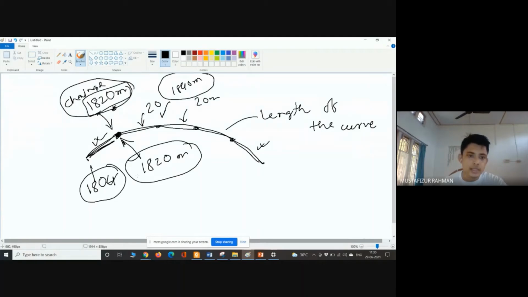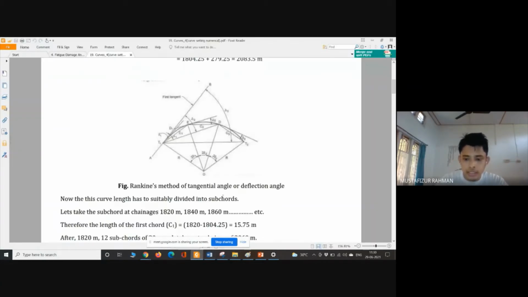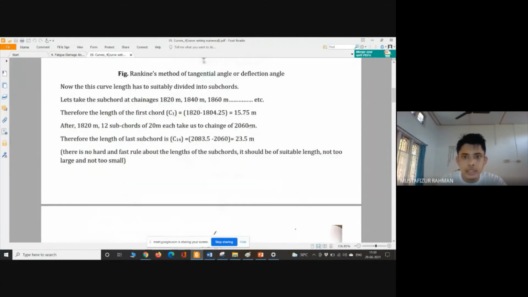This minus this, something like 16 meter. The next ones we take 20 meter each, and the last one will be different, whatever is remaining. So the first one is 1820 meter minus 1804.25 meters, so 15.75 meter, the first chord.